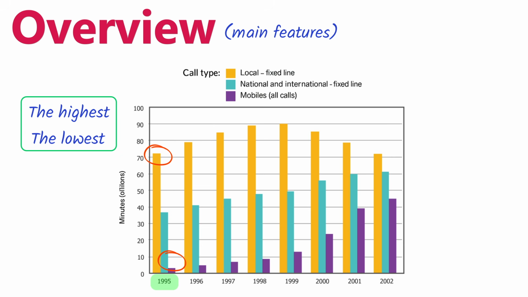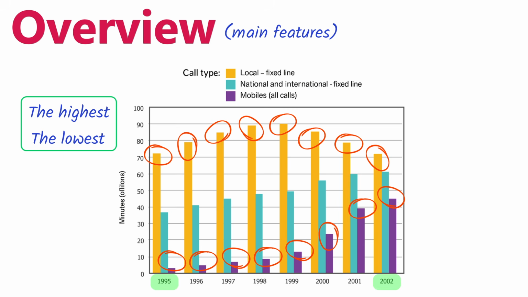But by the year 2002, mobile calls grew, as you can see, right? They grew in popularity. Still, they remained the least. And local fixed line maintained its top position by the year 2002. This is the most striking feature.